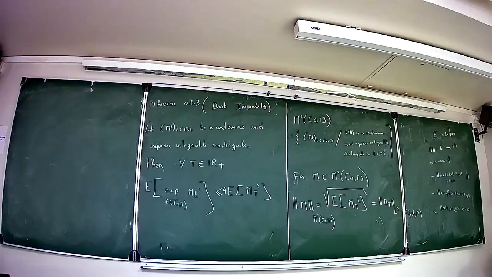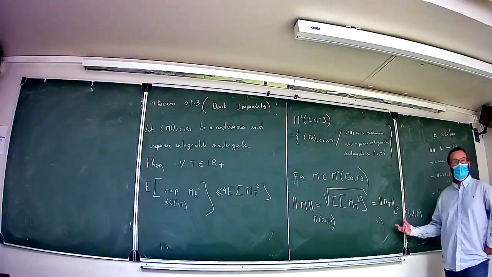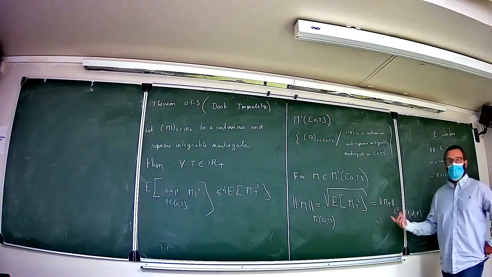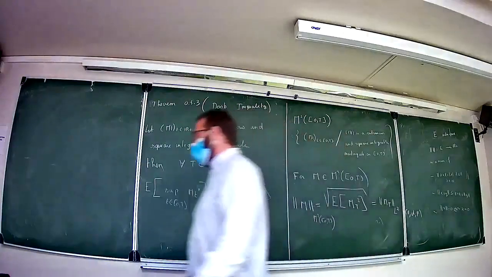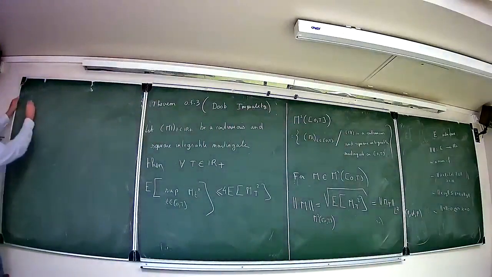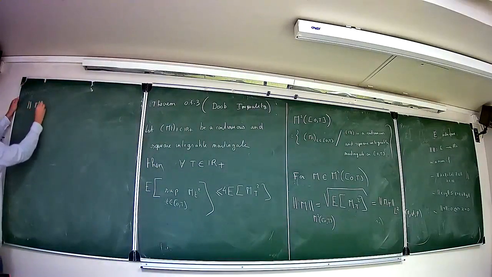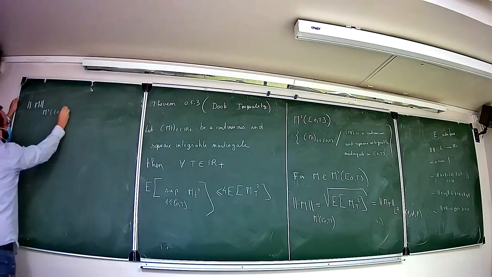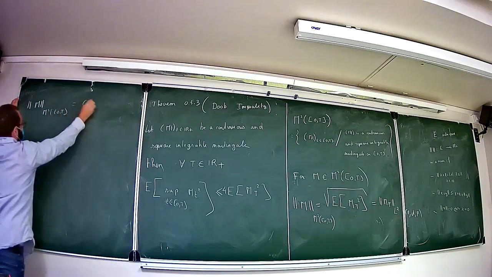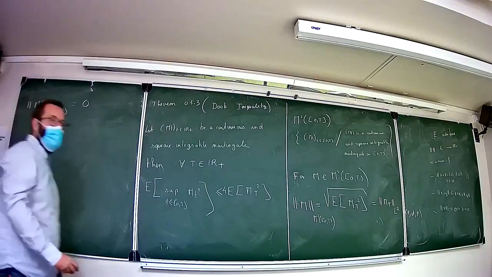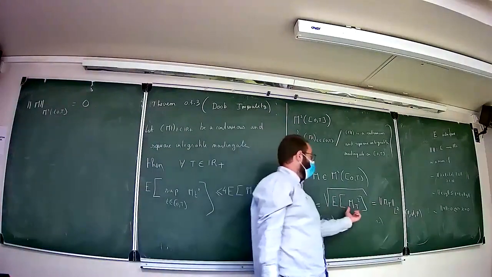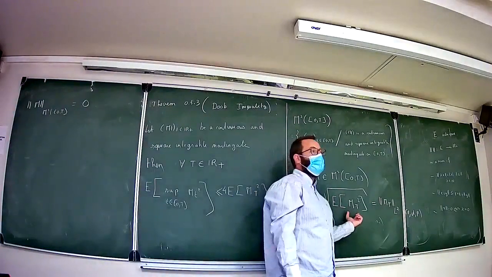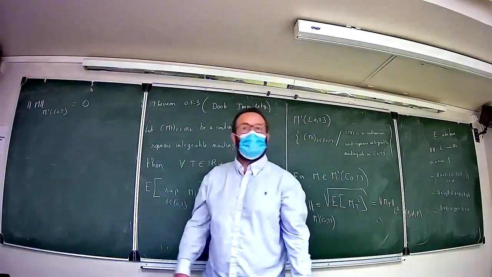So a priori, if my norm is 0, what can I say? From my definition, I can say that M_T is equal to 0 P almost surely.